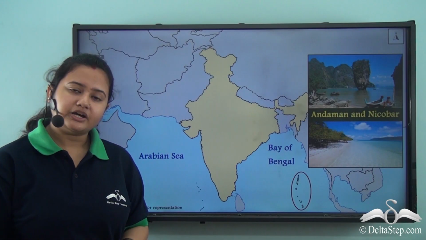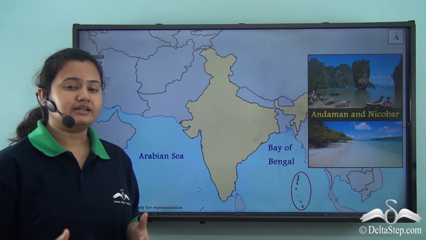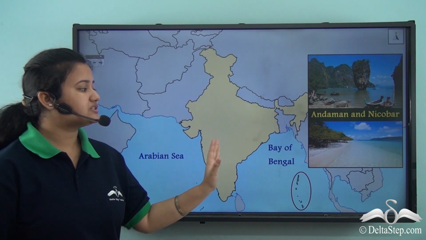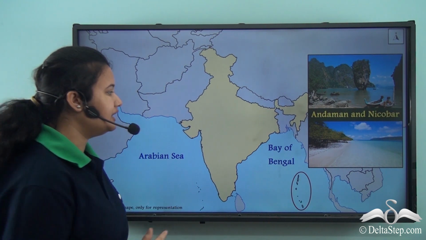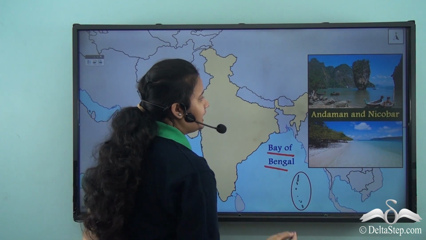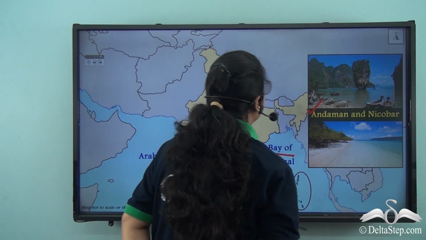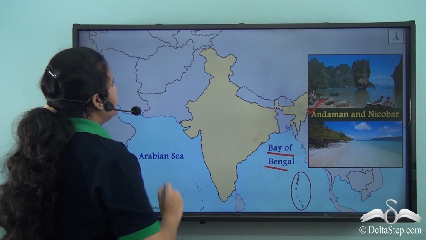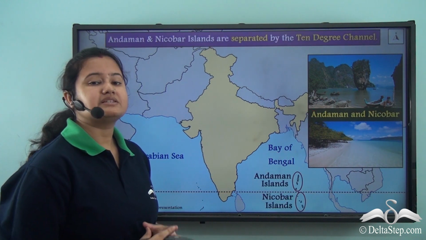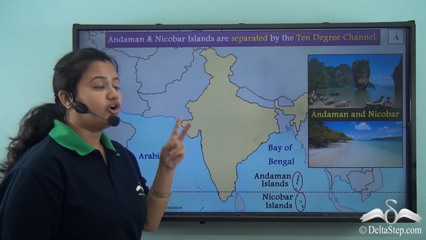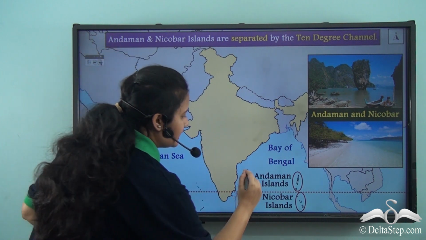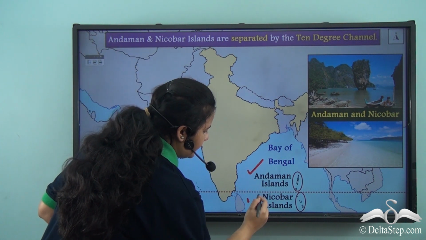Well, apart from Lakshadweep, another group of islands that lie to the east of mainland India amidst the Bay of Bengal is the Andaman and Nicobar Islands. Well, this island group is actually a collection of 2 large islands, the Andaman Islands and Nicobar Islands.